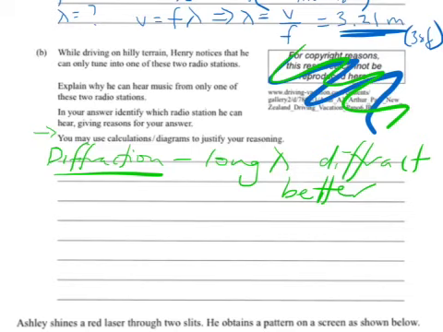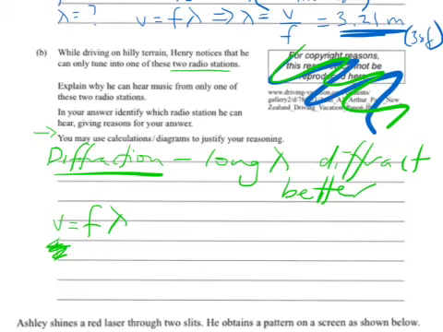So what we need to do is work out which of the 2 radio stations has the longest wavelength. And there's two ways we could do it. We could actually perform the calculations, or we could just look at our v equals f lambda equation, because the velocity is the same for both of them, so there's no impact there.